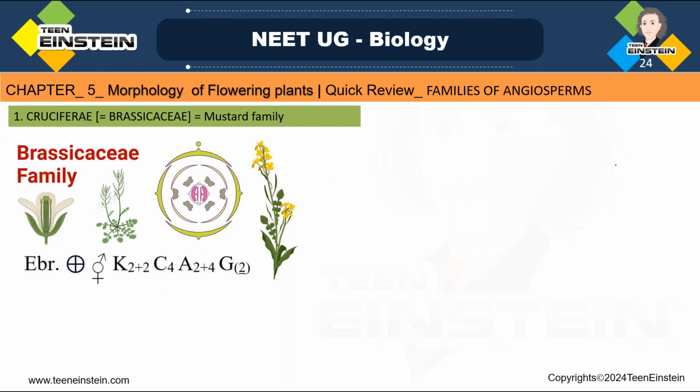Say in the Cruciferae family or Brassicaceae family, here this is the floral diagram. Here first which one you are using? That is ebracteate. And this means what? Actinomorphic, right? It's actinomorphic, and this is bisexual. Both male and female parts are there. And here K, calyx, that is in 2+2 condition.